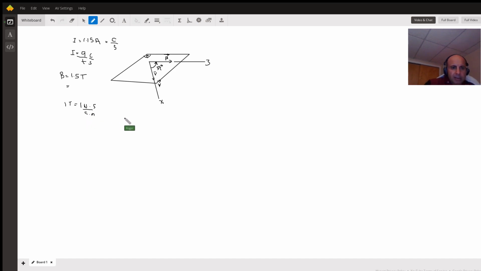Newton per coulomb... second per coulomb is the reverse of coulomb per second, so it is 1 Newton per ampere meter. Okay.